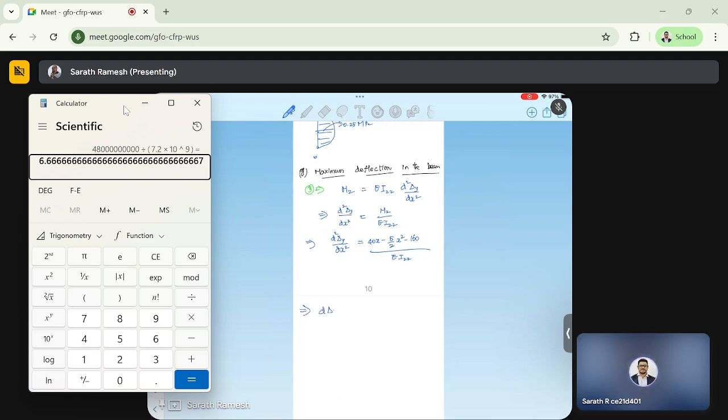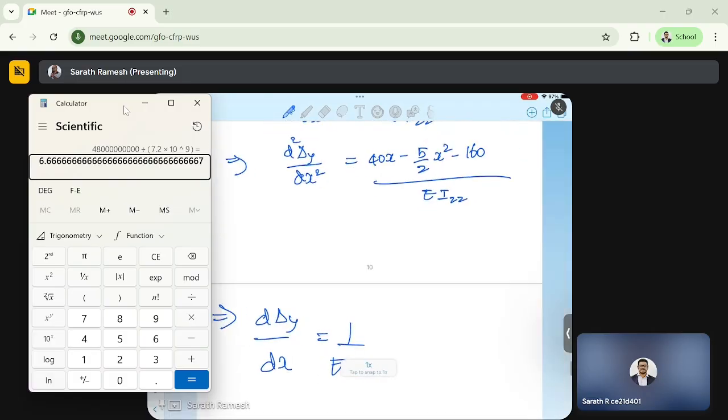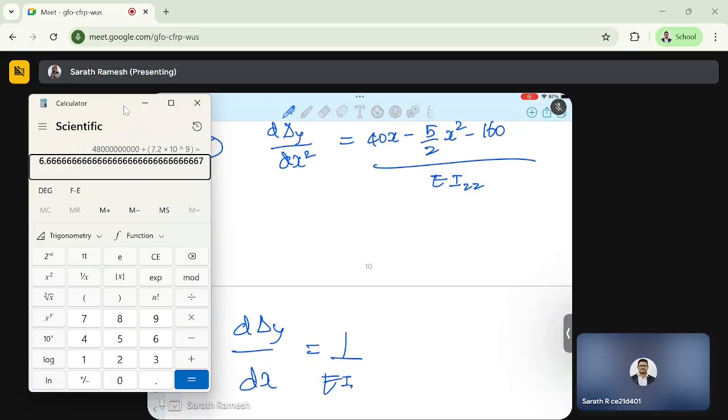Now d delta y by dx equal to 1 by EIZZ times 40x square by 2 minus 5x cube by 6 minus 160x plus C3. C1 and C2 I have already used, so I am going to use another constant, C3.